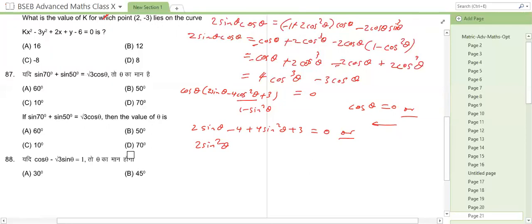It should be 4 sine squared theta plus 2 sine theta minus 1 is equal to 0. Solving this equation, so what we have here is 4.